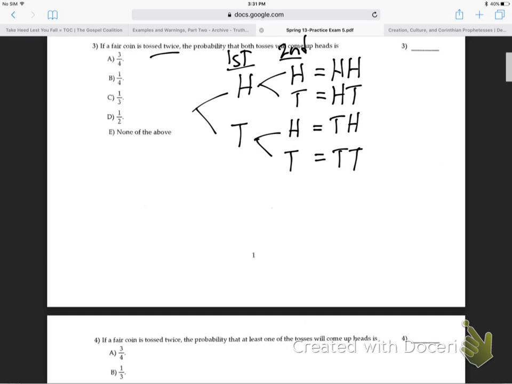What's their question? Probably that both tosses come up heads. It's 1 out of the 4 different things that can happen. Answer B. That good? Good with coin tossing and die rolling?